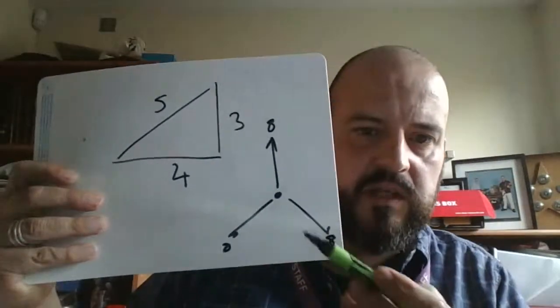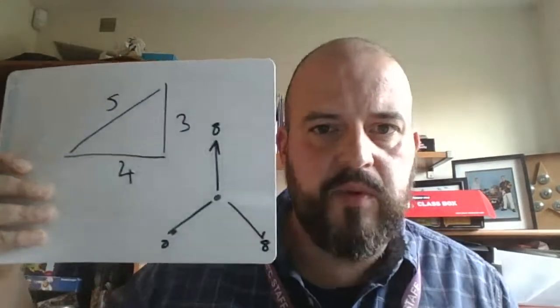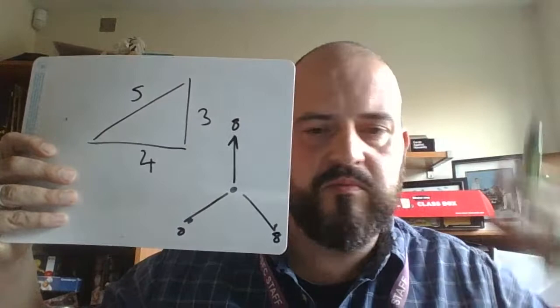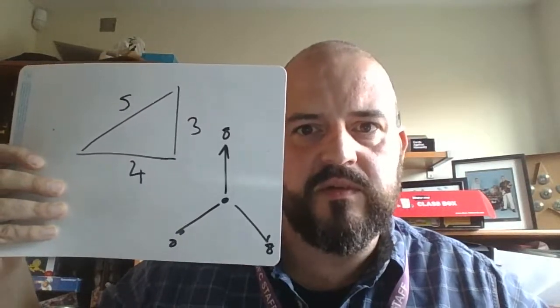8, 8, and 8. I'm going to draw my point, and then I'm going to draw 3 8-newton forces. If I'd drawn that accurately, would you not agree that those 3 pulling at the right angles would give a resultant of 0? So it's not that one. Finally, our last two are the tricky ones.